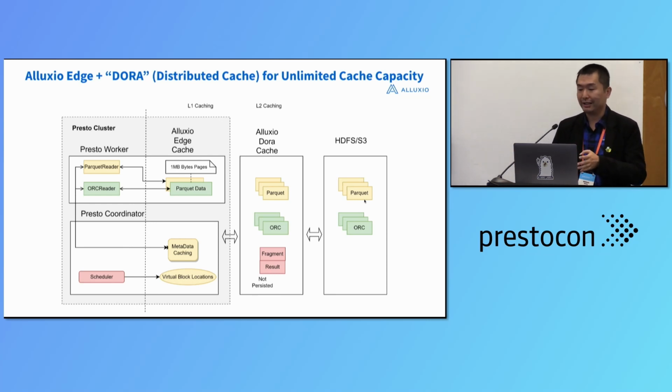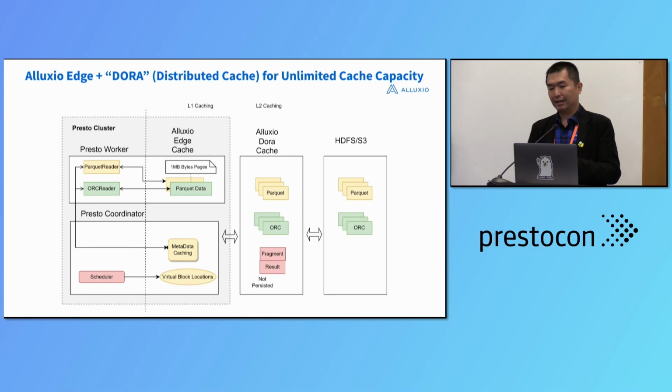You can use Dora in the middle to cache maybe 10% or 20% of your data, and use the Alluxio Edge cache like a local cache running on the Presto JVM or workers, which can take care of maybe just 1% of our data, the hottest data, put in the Edge.